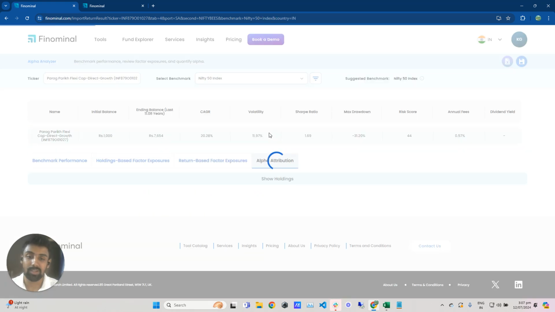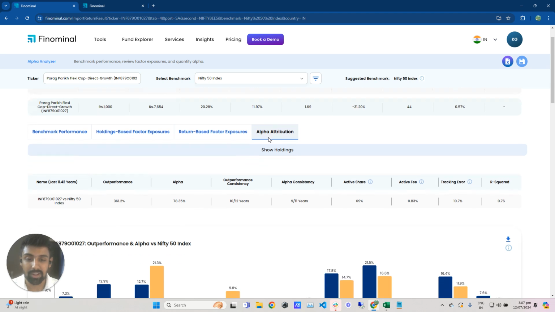So now let's look at whether the fund has generated alpha, and over time has also outperformed the Nifty 50 index. Before getting into that, I want to quickly point out the active share. It has a huge active share of 70%. So what does active share mean?